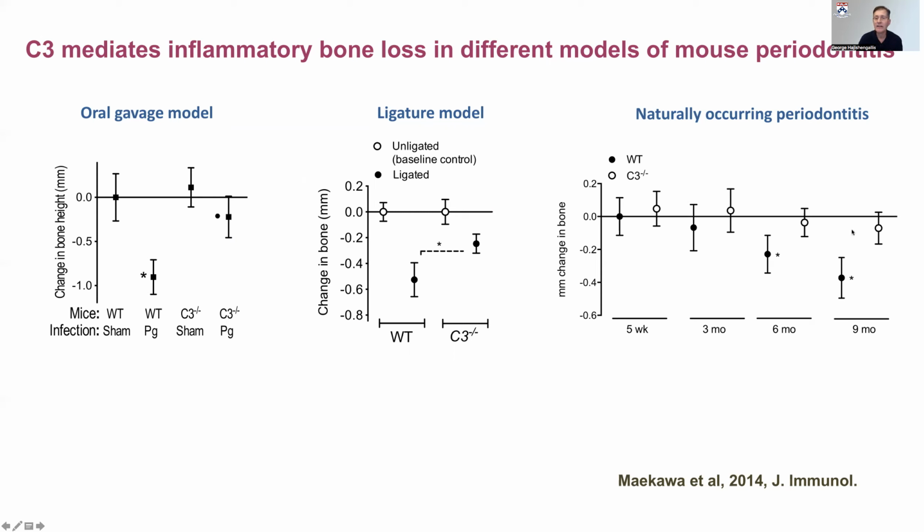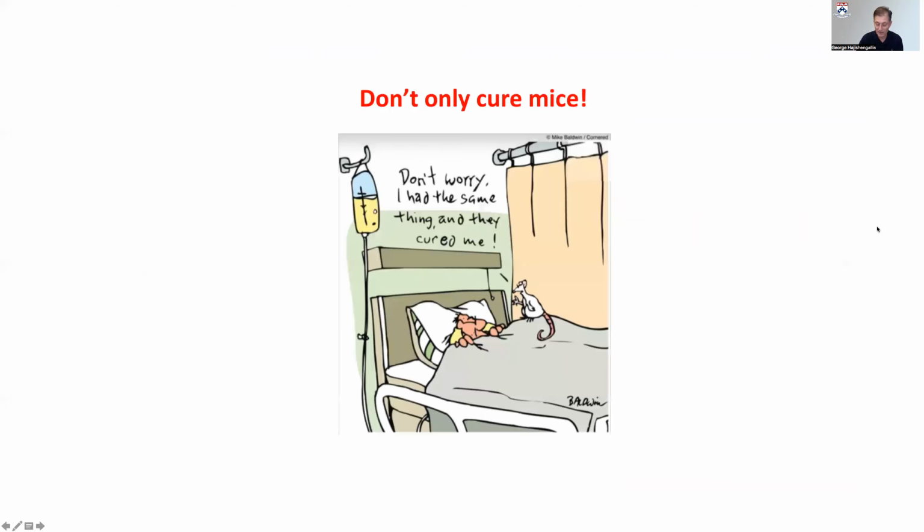And C3 deficient mice are also protected from naturally occurring periodontitis. In this model, the mice are not treated with anything. They are just left to grow to old age. And like humans, old mice, when they are wild type, develop significant bone loss. But as you can see, their littermate C3 deficient mice are protected.